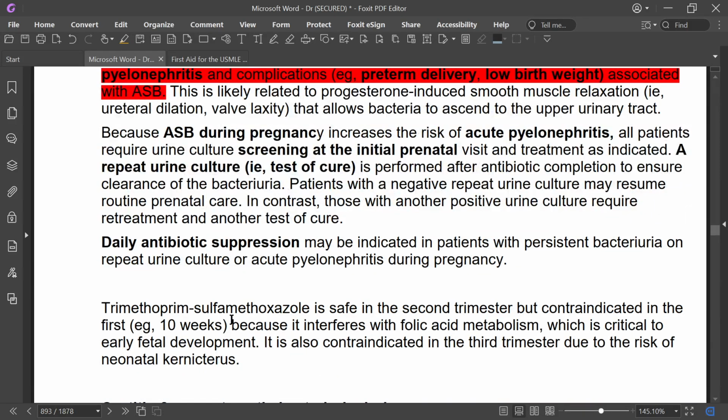TMP-SMX is safe in the second trimester but contraindicated in the first 10 weeks because it interferes with folic acid metabolism, which is critical in early development.